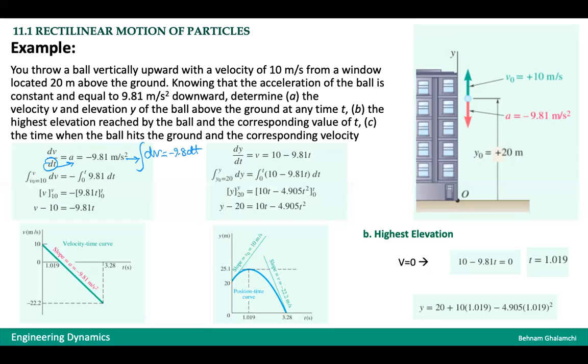Then I take an integral. What is the border of the integral? For example, for time, we are starting from time equals 0 to the current time t. We should do the same for velocity because the left-hand side is integral over velocity. So we should find the initial velocity and the current velocity v. So again, in practice, this is t0, but we already know that t0 is 0 seconds.